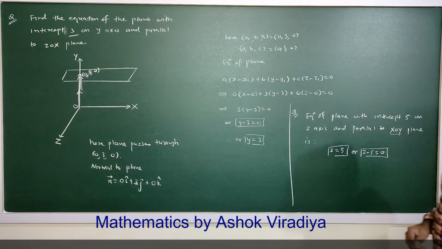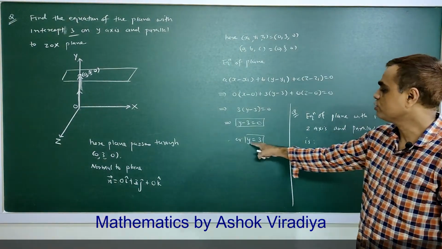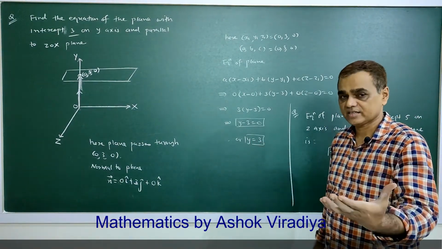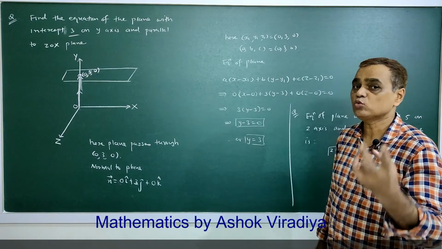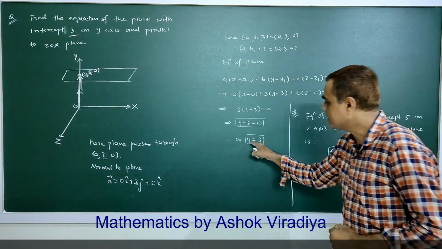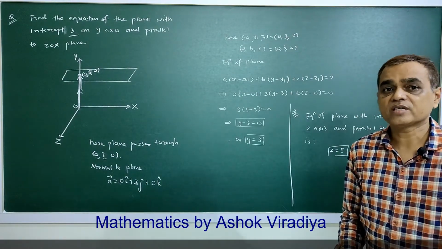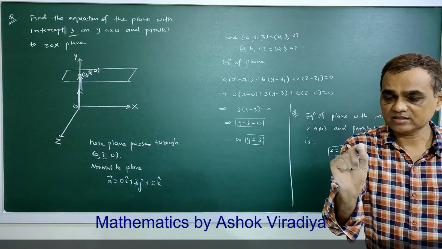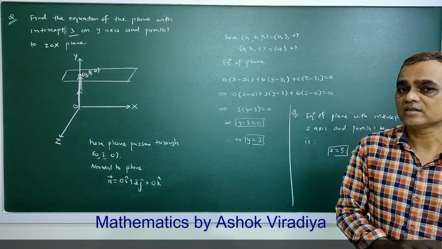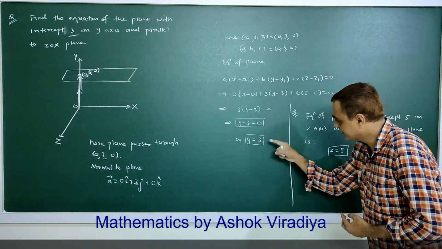In 3-dimensional geometry, y equal to 3 represents a plane. In two-dimensional geometry, y equal to 3 is the equation of a horizontal line. In three-dimensional geometry, it is a plane.